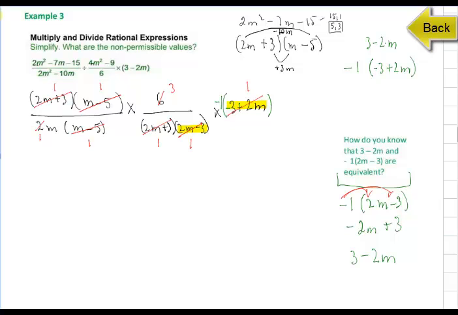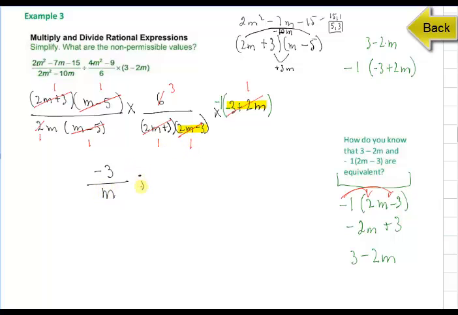Well, in the numerator I have all these 1s and 3s and negative 1s that I can multiply together. So I'm going to go 1 times 3 is 3, times negative 1 is negative 3, times 1 is negative 3, over 1 times m, which is m, times 1 times 1 times 1, which is just m.